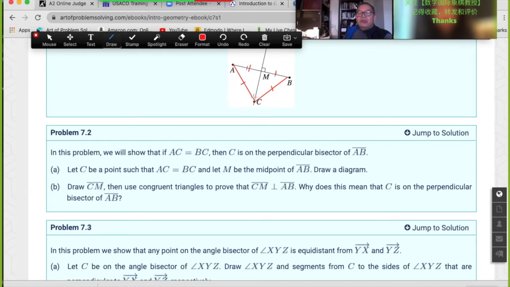Here they tell you that you have a point C, then AC equals BC and AM equals BM. Now they ask you to prove CM perpendicular to AB. The condition is changed. Here they did not tell you CM is perpendicular to AB. They ask you to prove that. The condition they give you is AC equals BC and AM equals BM.